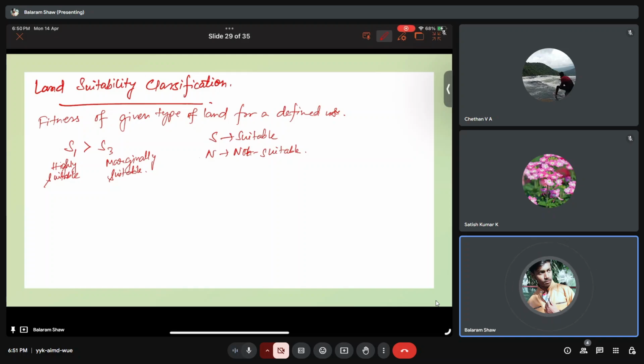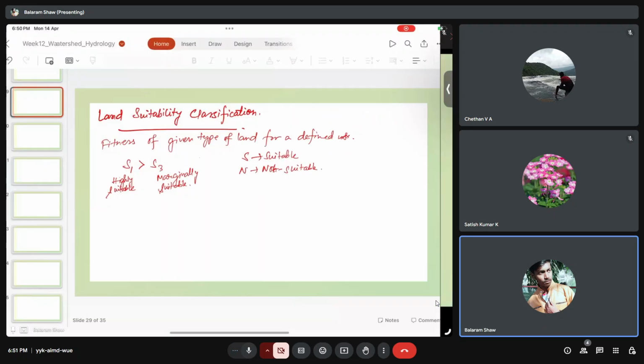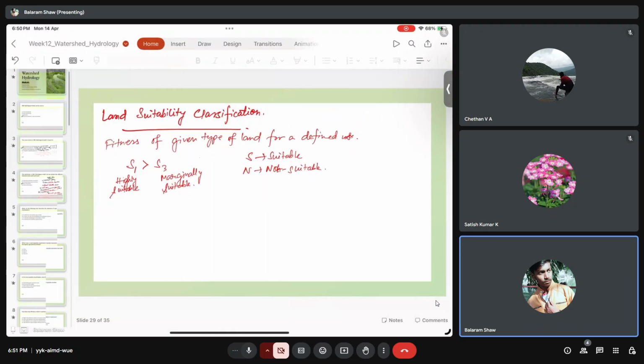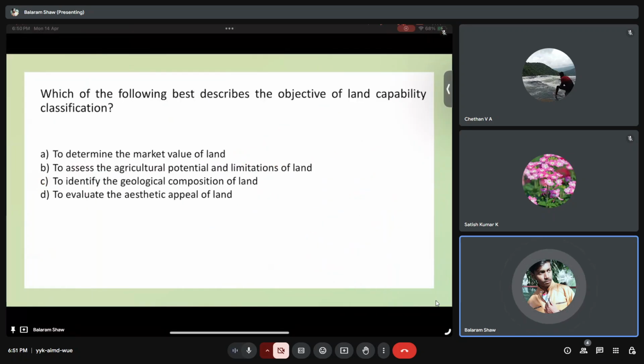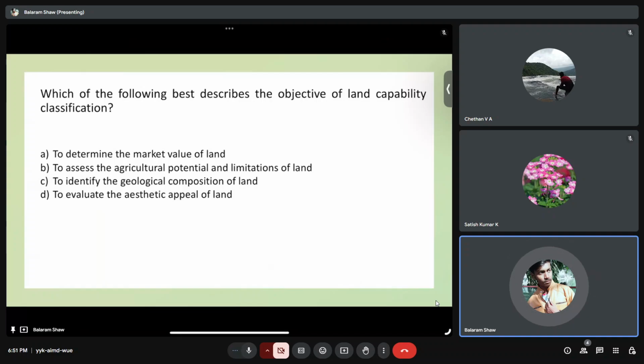Okay, let's see some questions on this. The next question is, which of the following best describes the objectives of land capability classification? We have seen why we do the land capability classification.